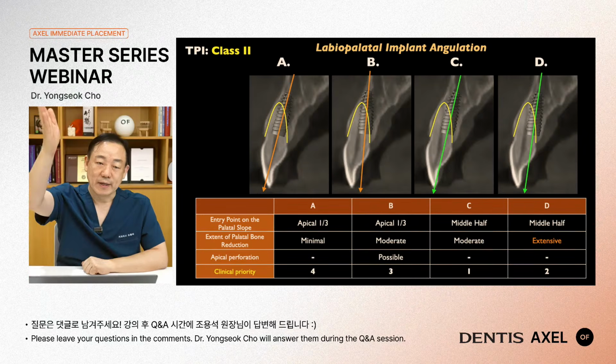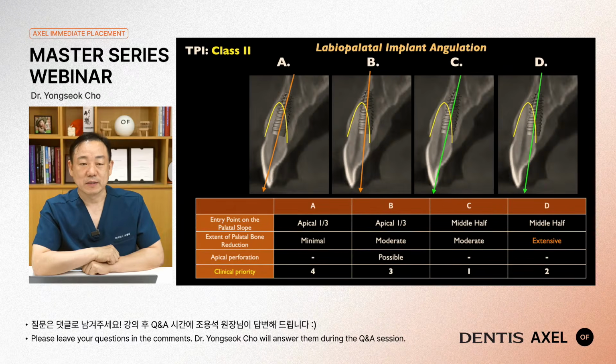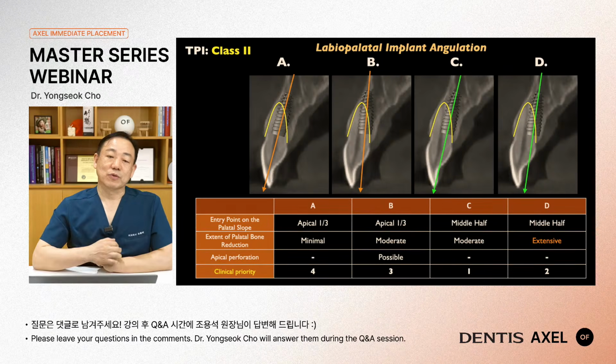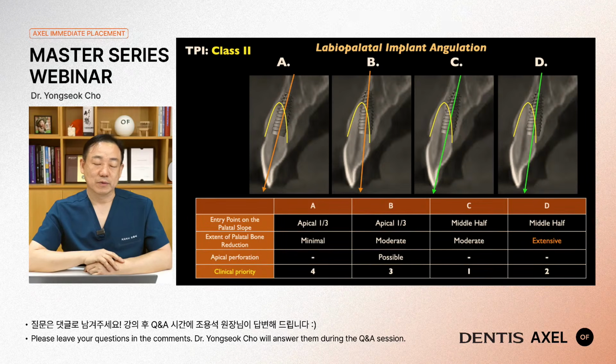Although the axis is toward the inside edge, it is not bad. We can convert the accessor with the angled drive. So this is my number one priority in class 2 TPI. It is not easy to make a screw-retained axis starting with class 2 TPI.